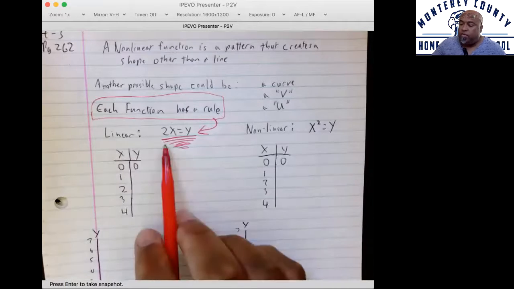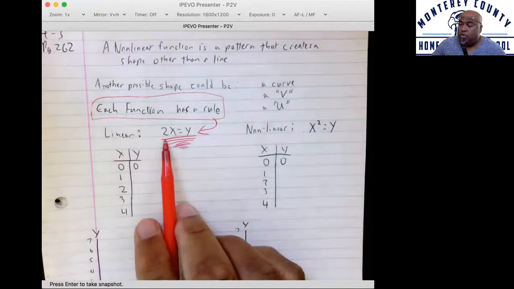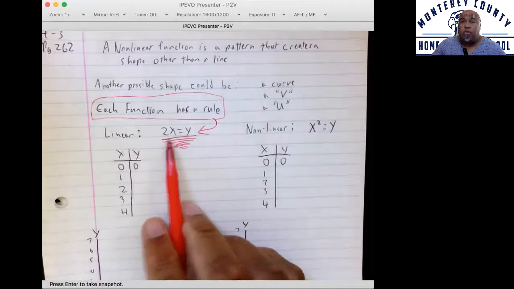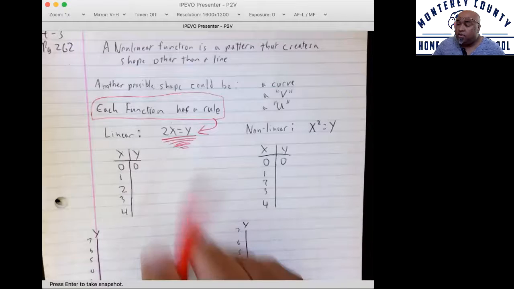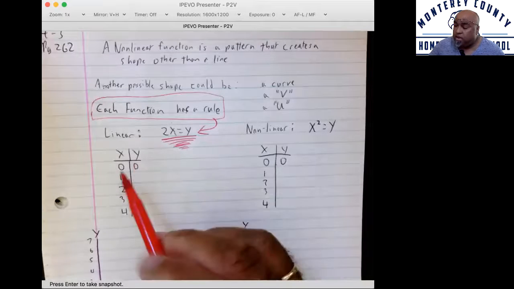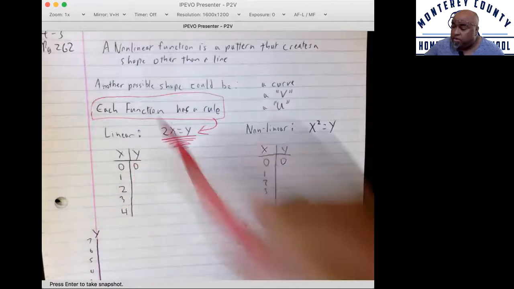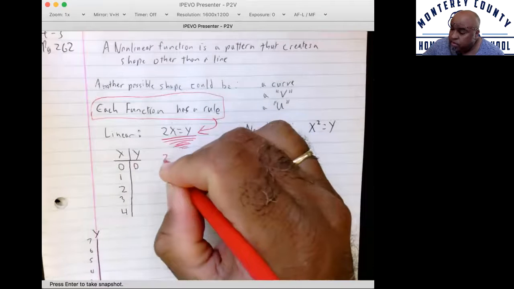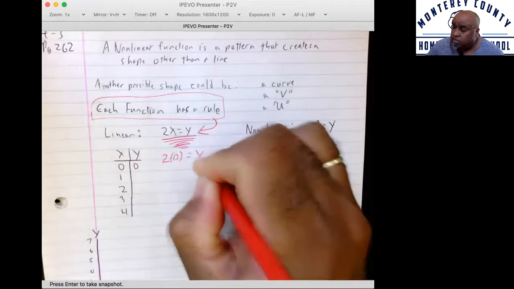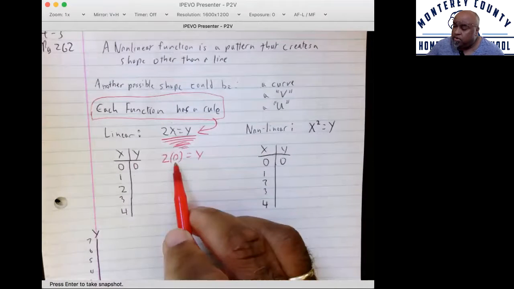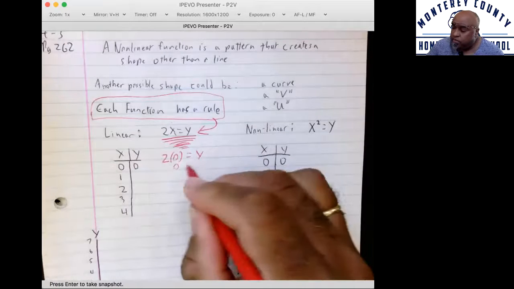So we've used the rule 2x is equal to y. I want to remind you, 2x means 2 times x. Let's see how this rule plays out. If x is 0, then y is 0. Let's make sure. If x is 0, what does y equal? 2 times 0 is 0.